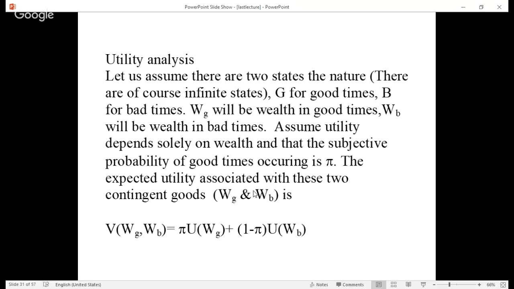I'm going to assume that utility depends solely on wealth, and implicitly, that's what we've been doing this whole lecture. And that the subjective probability of good times occurring is pi. So the expected utility associated with the two contingent goods is pi times my utility in the good state plus 1 minus pi times the utility in the bad state.